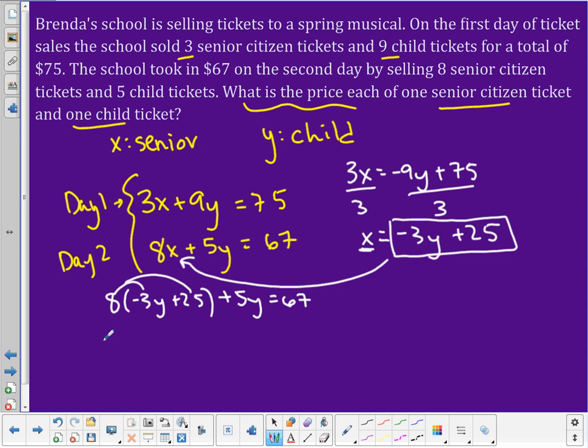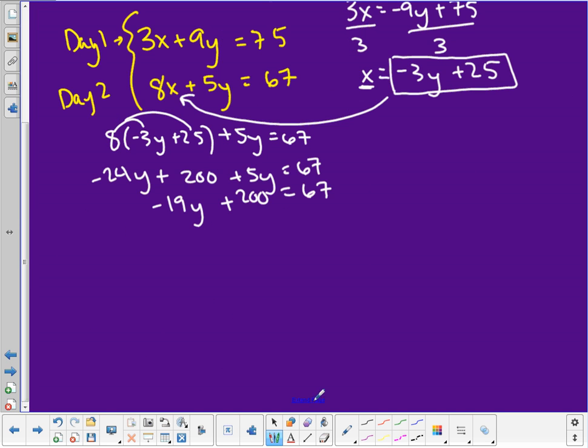Distribute those, that's negative 24y plus 200 plus the 5y is equal to 67. Putting those together gives me negative 19y plus 200 is equal to 67. And then subtract the 200. So I have negative 19y is equal to negative 133.